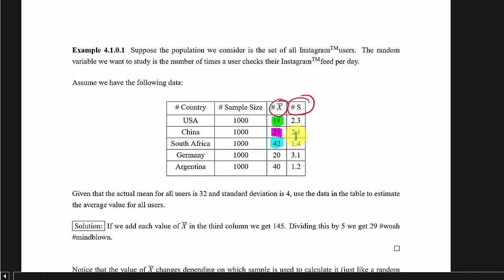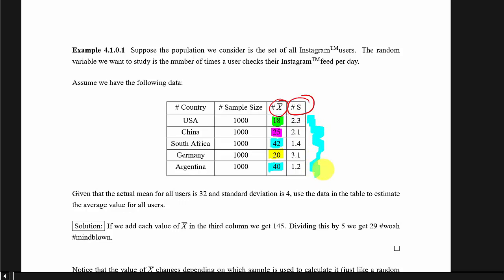This is the mean for South Africa. This is the mean for Germany. And then we have the mean for Argentina. Okay? So those are the means for each of those countries. And likewise, we have the sample standard deviations for each one.